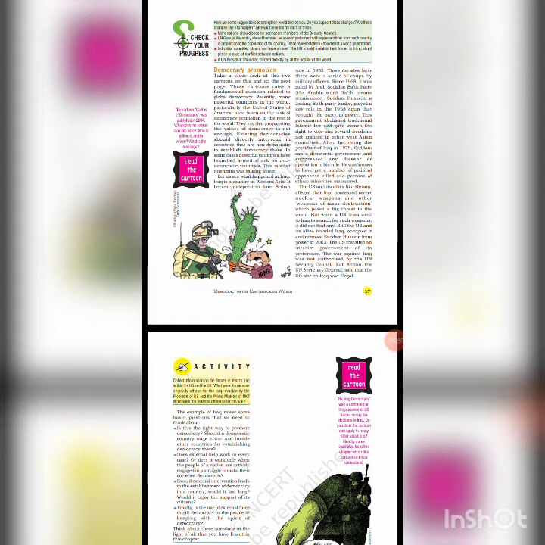Modern democracies involve such a large number of people that it is physically impossible for them to sit together and take a collective decision. So, how are we able to promote democracy?